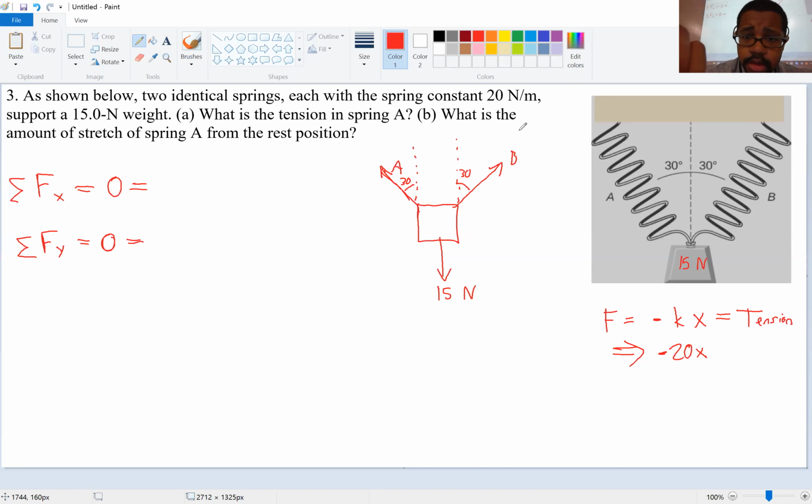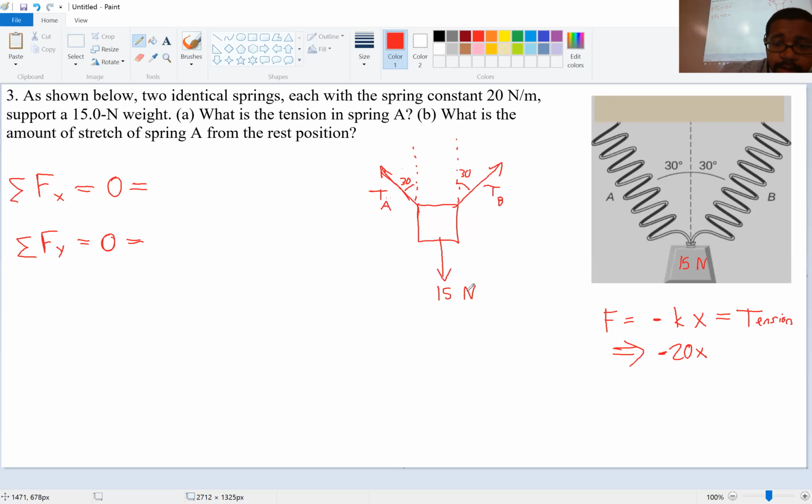I'm actually going to call this TA and TB. Let's do that instead. But let's label it right first of all.